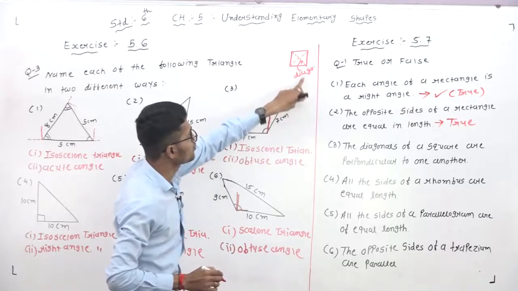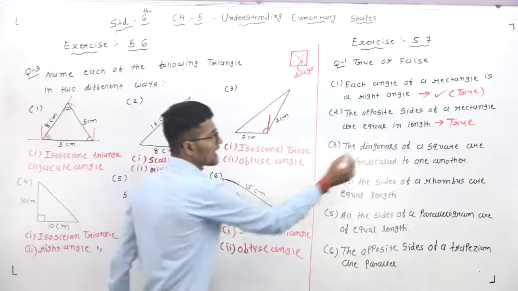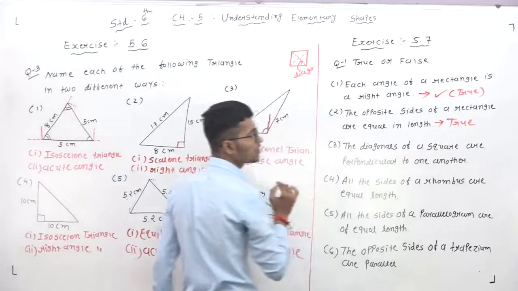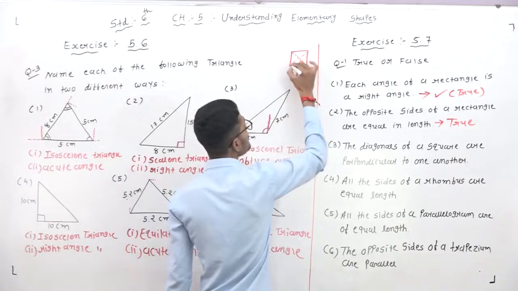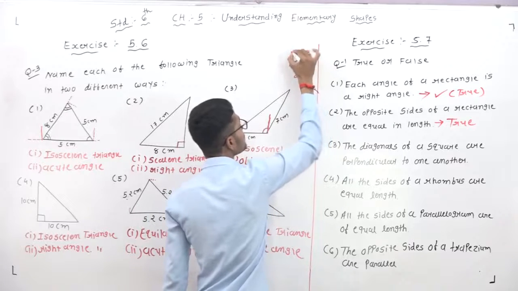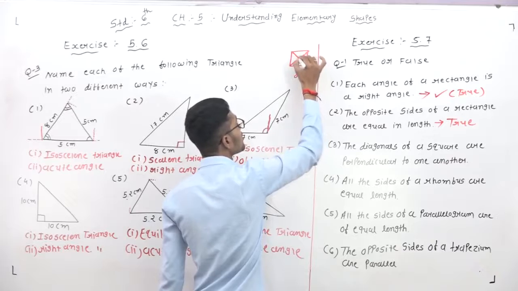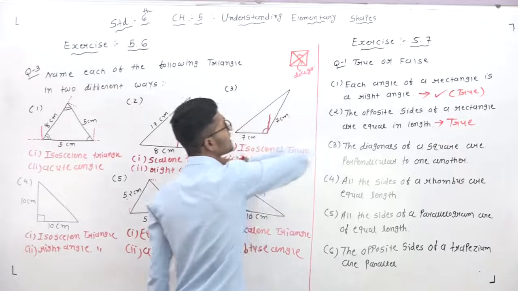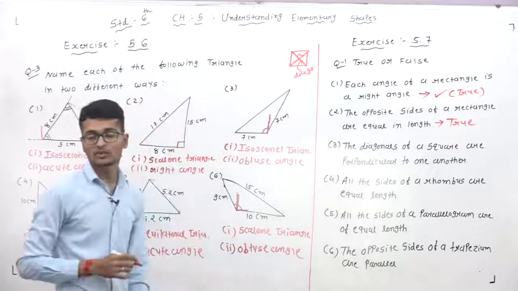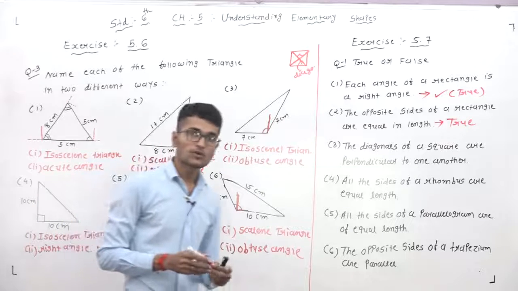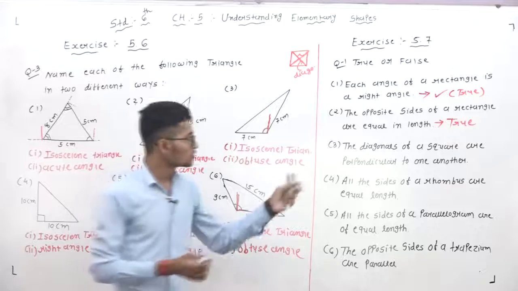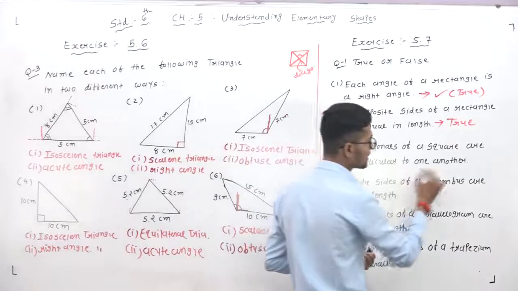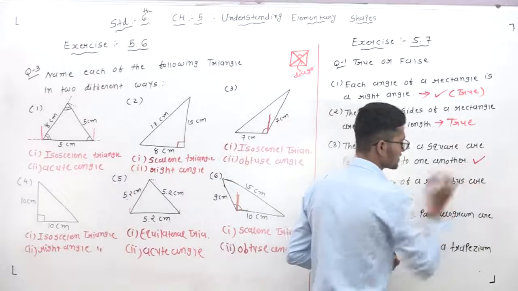Two diagonals. So the diagonals of a square are perpendicular to one another. Perpendicular means 90 degrees. In a square, the two diagonals are perpendicular bisectors. This means when the two diagonals of a square intersect each other, the angle is 90 degrees. So this one is also right. Why? Because they are perpendicular to one another. This means this is the right answer.